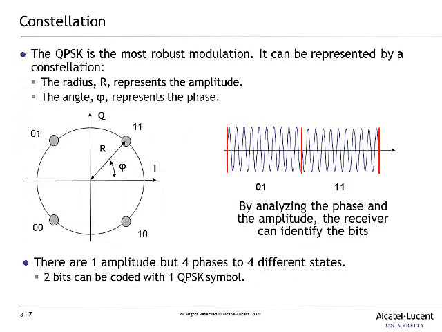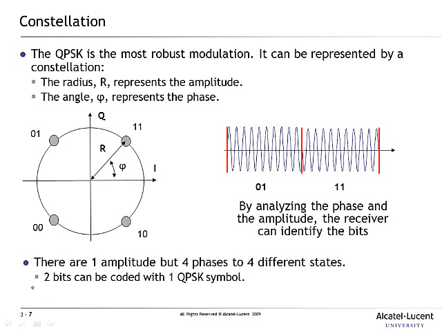Okay. Now, as I said, one of the techniques that's used in LTE is referred to as QPSK, and in QPSK we have 4 possible symbols that can be transmitted, and these are shown by these diagrams.